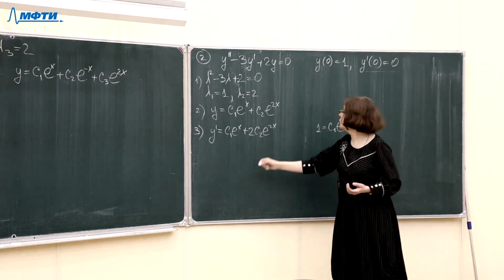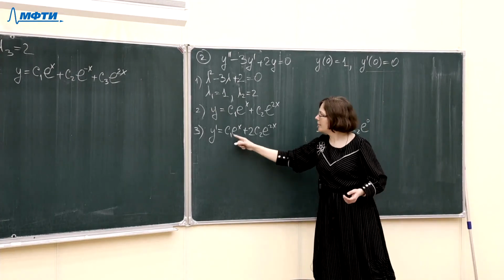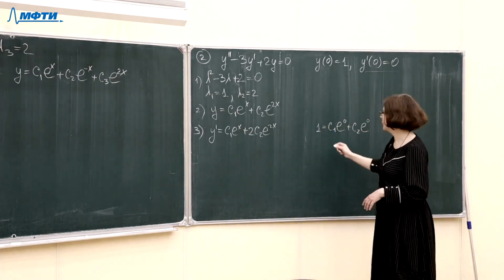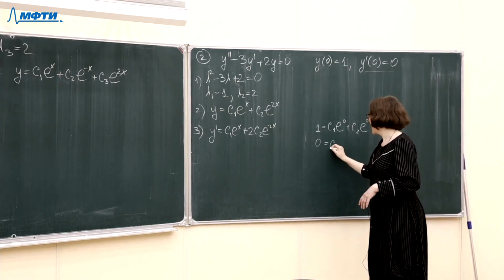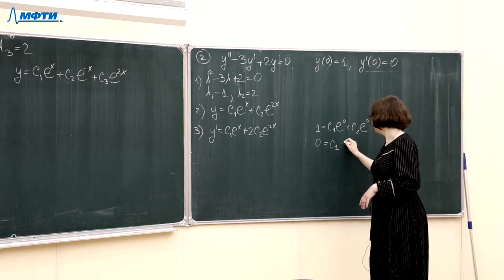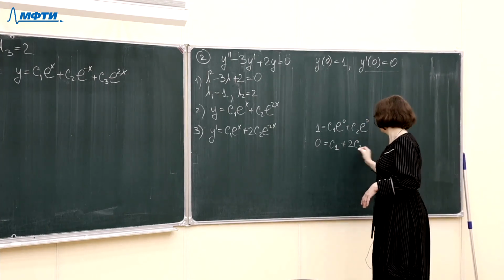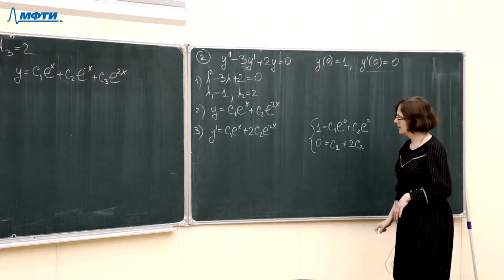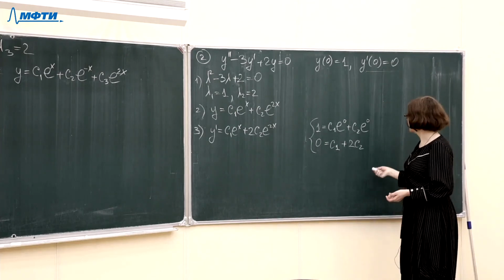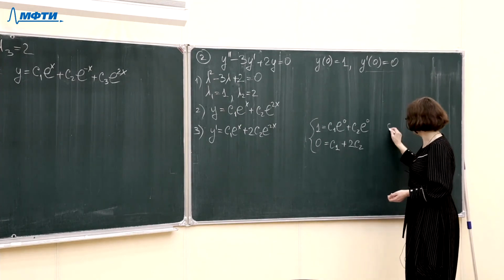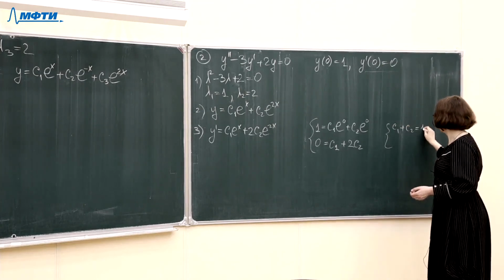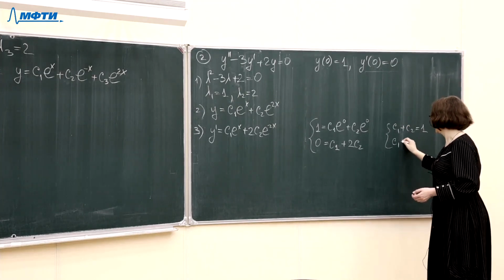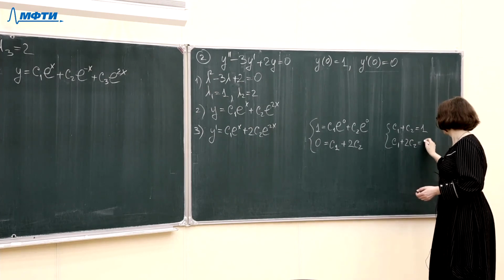Substituting 0 for y' and 0 for x, the second equation is 0 equals c1 plus 2c2. We must solve these two simultaneous equations: c1 plus c2 equals 1 and c1 plus 2c2 equals 0.